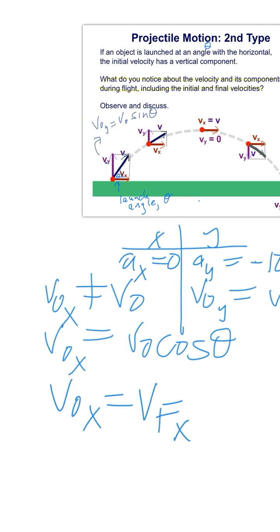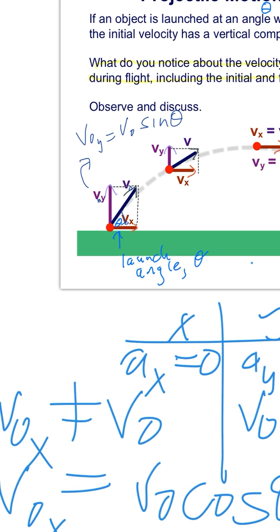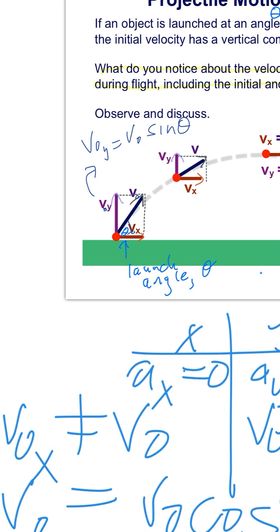Okay, if you look at this picture, you can see that VOY does not equal 0 at the beginning. It's positive, and it's VO times sine of theta. You got that on your equation sheet. As you proceed with free fall from launch, VY decreases.